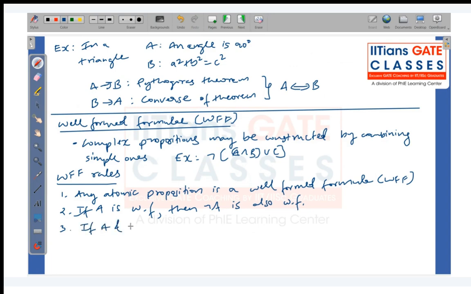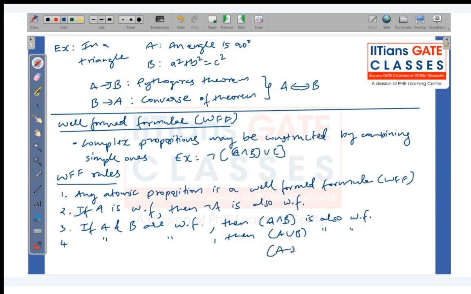Then if A and B are well-formed, then their conjunction is also well-formed. And this will repeat. Then the disjunction is also well-formed. Then the implication is also well-formed.